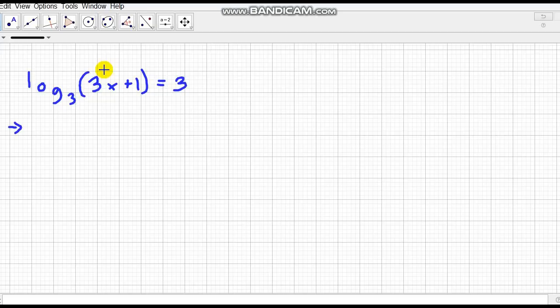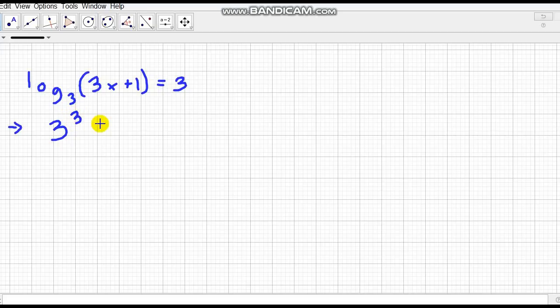We try to solve them as exponential equations, and if possible, we just apply the one-to-one property. We only do it if it's possible. So let's write this equation as an exponential equation. The base is 3, and the exponent is 3 as well.